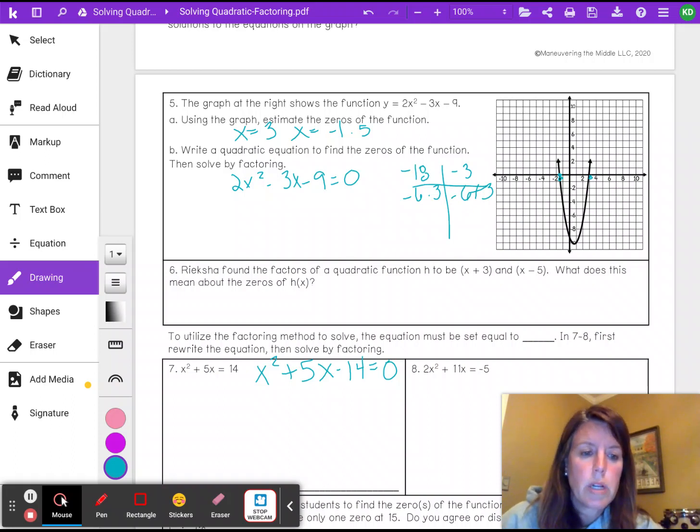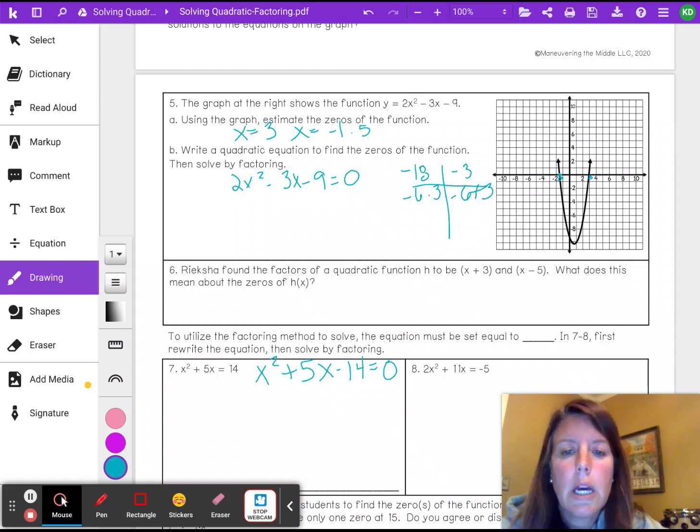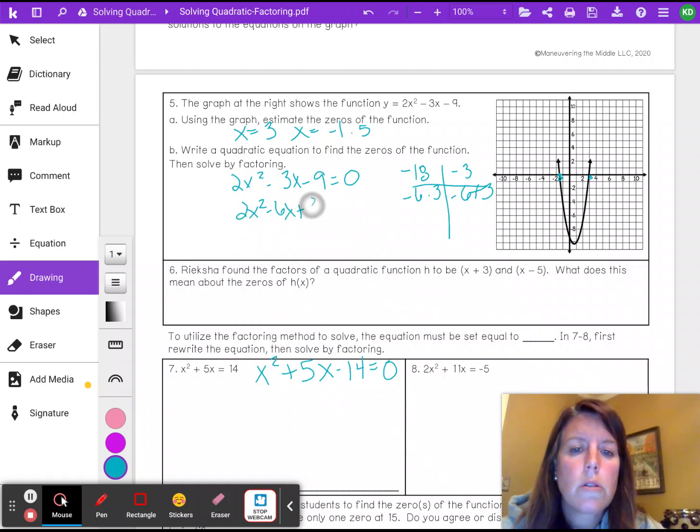So those are my two numbers. So I'm going to rewrite it as 2x squared minus 6x plus 3x minus 9 equals 0.